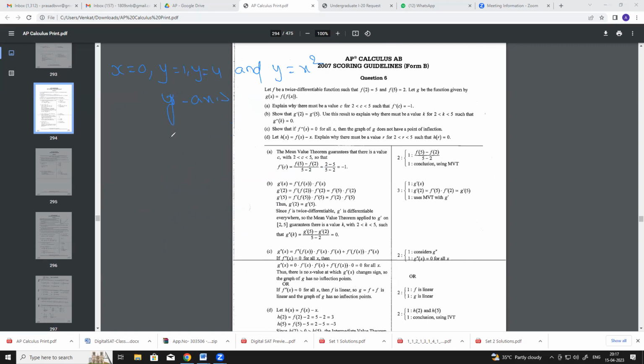Now first draw the figure. This is your x is equal to 0. This is your y is equal to 1. This is your y is equal to 4. This is your y is equal to x square. So this is the figure, rotated about the y-axis. If you rotate it about the y-axis, you get this.